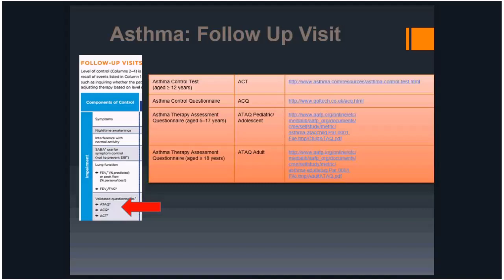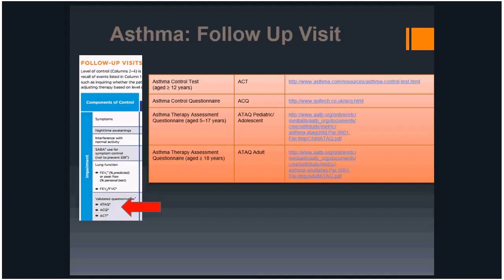Your choice of tool may be influenced by the policy at your site and may be influenced by the provider's preference based on the reliability or validity of a particular tool. So there are a number of things that may go into what the site or the provider chooses to use in assessing asthma control.